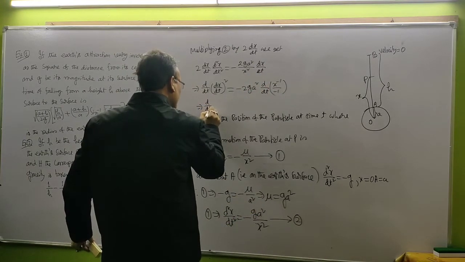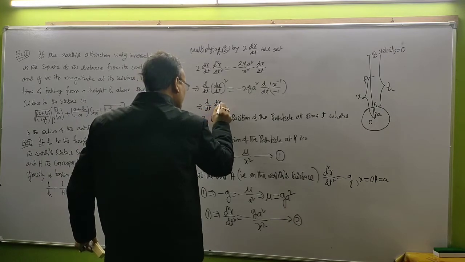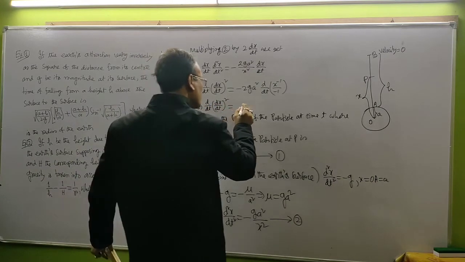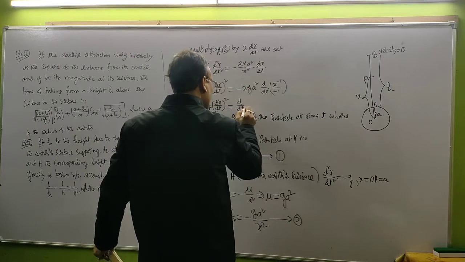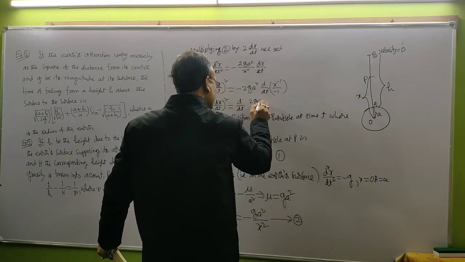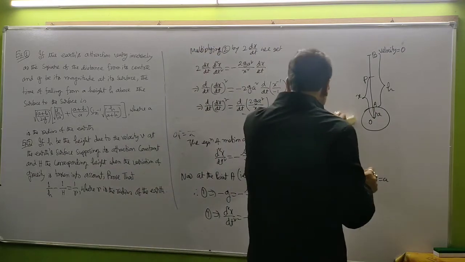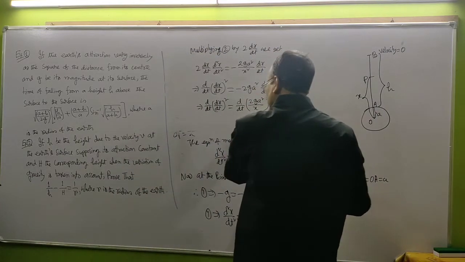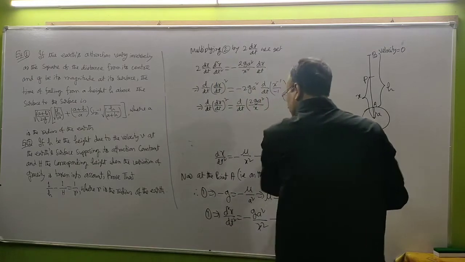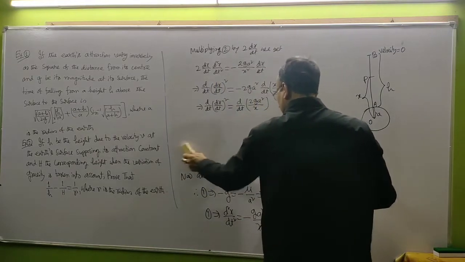It can be written like this: d by dt of dx by dt whole square equals d by dt of 2 g a square divided by x.